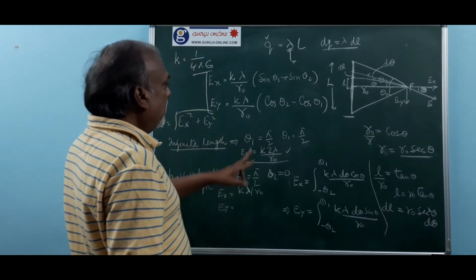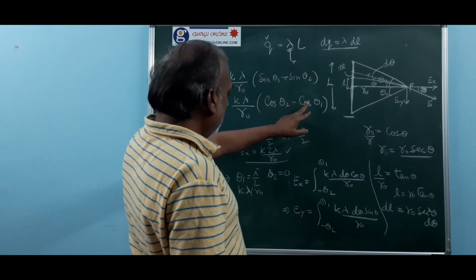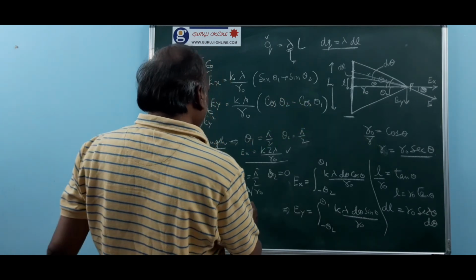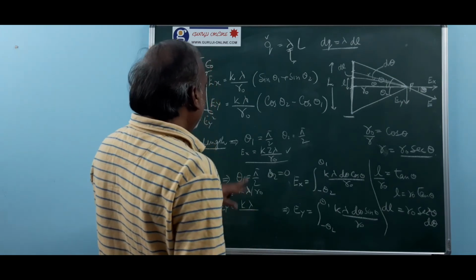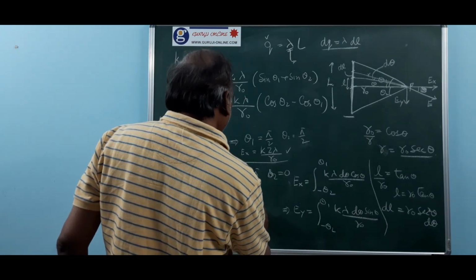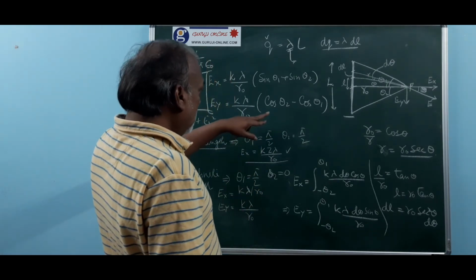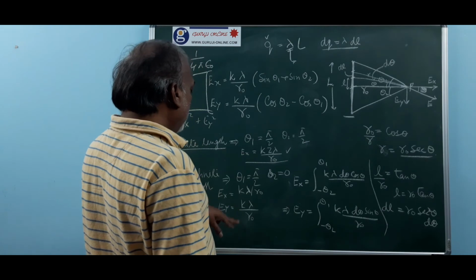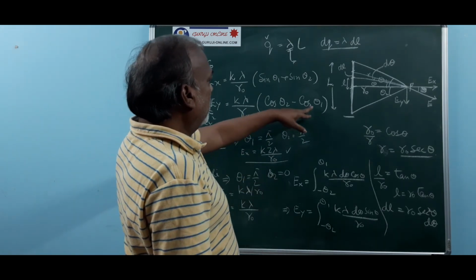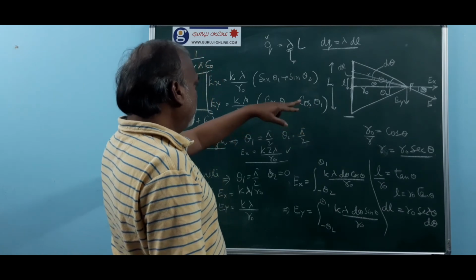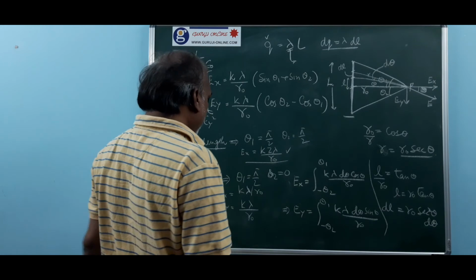Ey will be pi by 2, it will become 0. Then this is 0 means 1, that means K lambda upon R0. Of course, this will be positive because theta 2 is 0 here. This is pi by 2, this will become 0. This will become 1, so Ey will be in this direction.